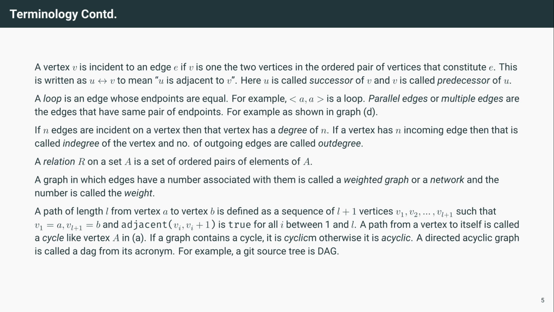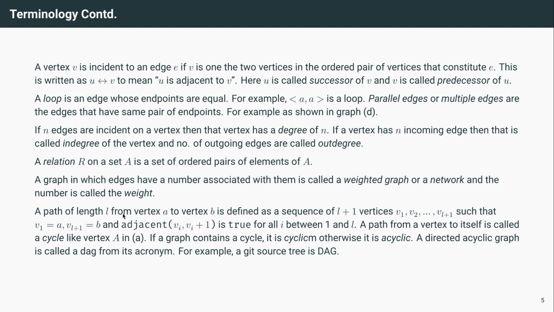If you take a network of roads, then the distance would be the weight, or the time taken to travel between two vertices would be the weight, assuming that the vehicle is a standard vehicle which we can find, and it travels at its maximum possible speed. So with certain conditions, you can define the time taken also as the weight of a network of roads.